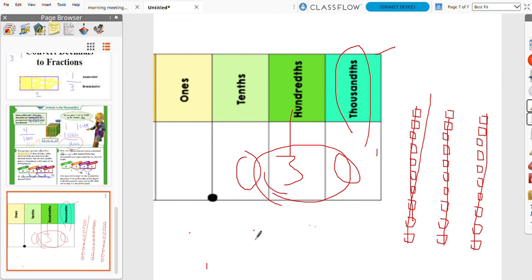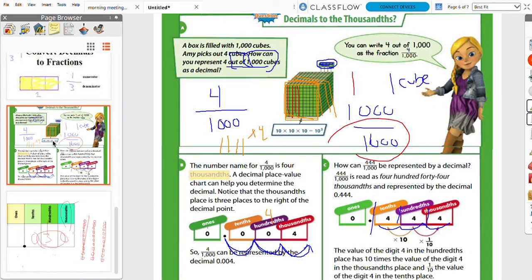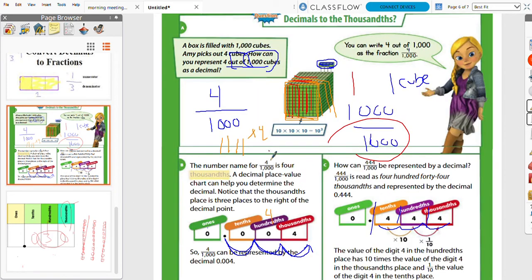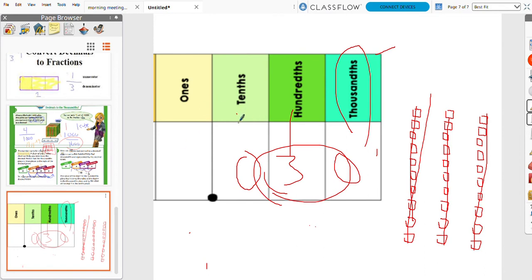3 rods would be my hundredths, because in each rod there are 10, 1, 2, 3, 4, 5, 6, 7, 8, 9, 10. There's 10 groups of 10. So the rods are my hundredths, and the flat or the square piece, you know what it looks like, just imagine it for time's sake, is my tenths, because there are 10 of those square pieces to make the thousandths.